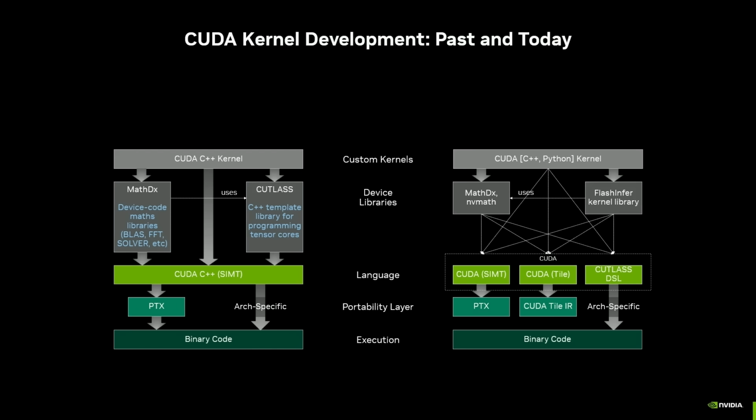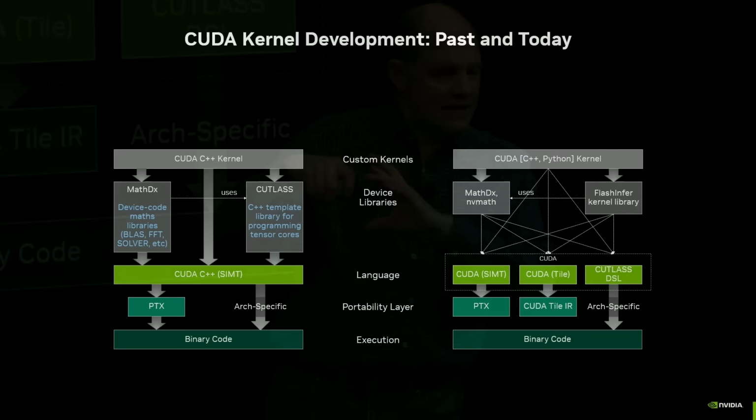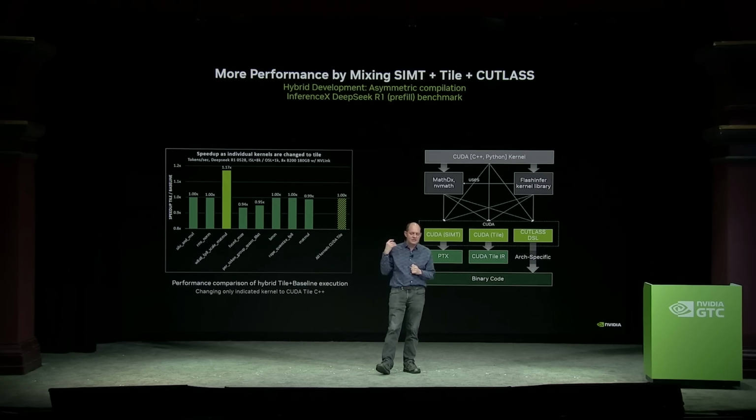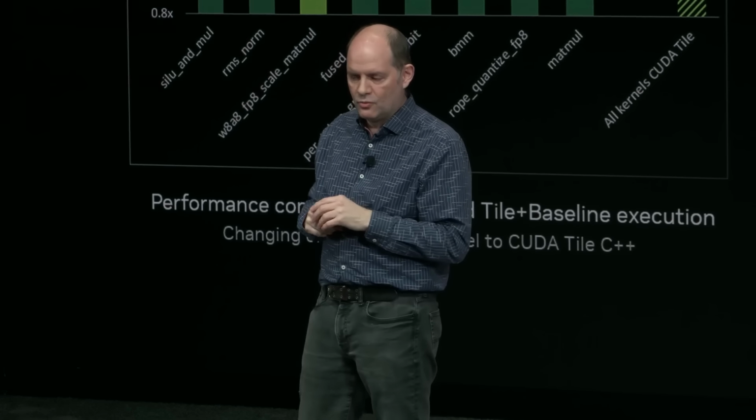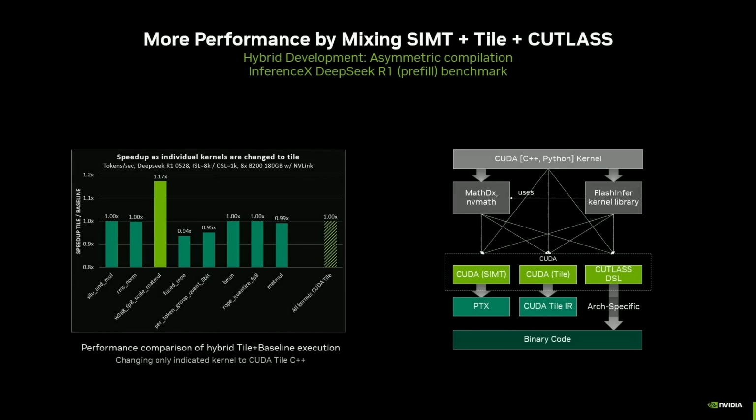This is actually really important, because if I can pick and choose what I talk to, we can take some of these Flash Infer benchmarks. In this case, this is the DeepSeek R1 benchmark for prefill on one of the Inference X benchmarks. Instead of just porting 100% of the kernels to Tile, that's the diagonal line bar on the right-hand side, which shows you have the same performance whether in Tile mode or not.